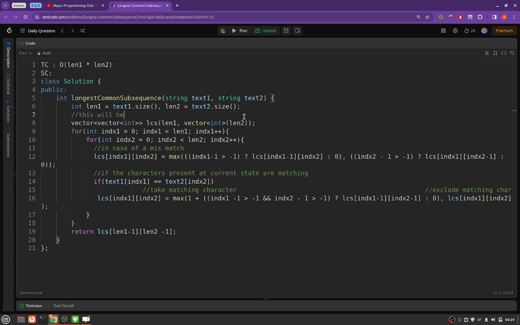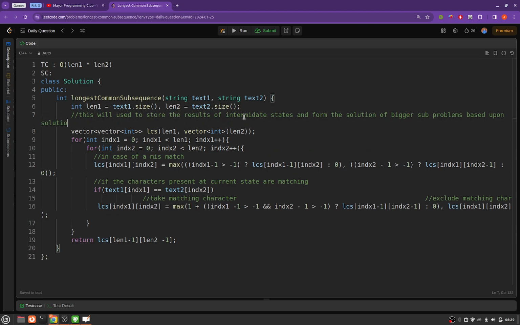This will be used to store the results of intermediate states and form the solution of bigger subproblems based upon the solution of smaller subproblems.